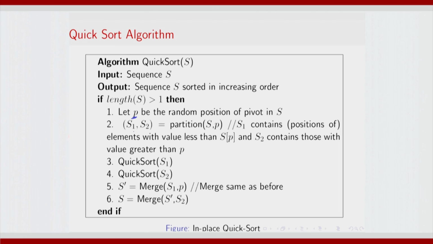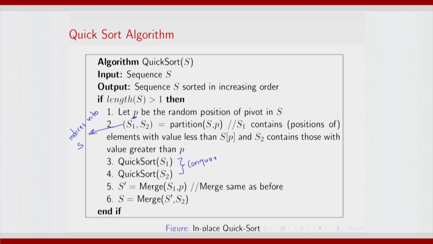So S1 and S2 are basically indices into S, a begin index for S1 and a begin index for S2. Rest is basically the conquer. You invoke quicksort on S1 and quicksort on S2 recursively.